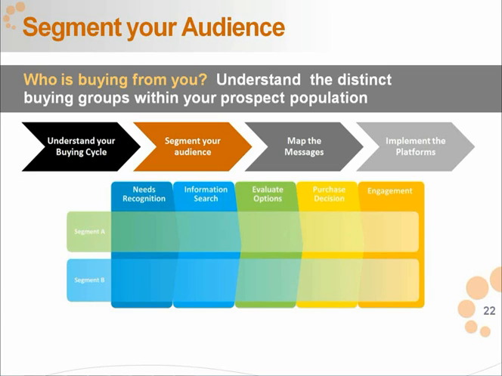And as that change occurs, we need to change how we engage with them based on the content that gets presented. So mapping the messages not only to the buying cycle, perhaps the roles that are relevant within that buying cycle, and then also the industry and perhaps some other segmentation parameters that are specific to your market.